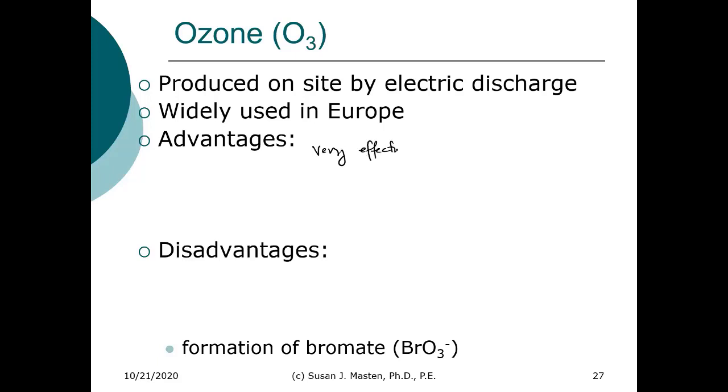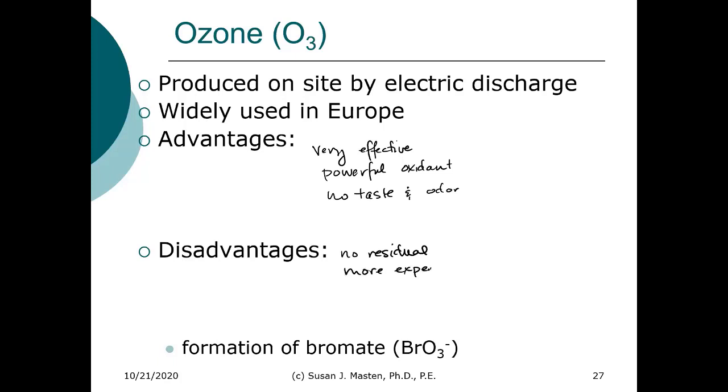It is extremely effective. It's a powerful oxidant. And it's effective as a bactericide, viricide, and it inactivates oocysts. Unlike chlorine, it does not add a taste. It does not add any odor to the water. The disadvantage is that it does not produce a residual.